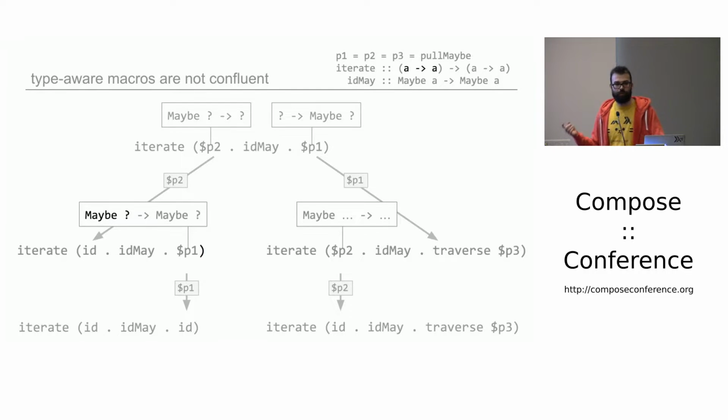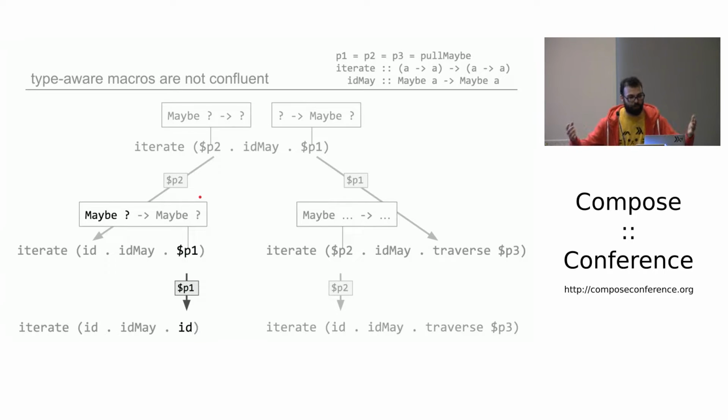So that's how we know now that we have identity, that $P1 receives a maybe something, whereas the information from ID may was not able to propagate through the $P2 call site before we knew that it was identity. And so that's why we knew nothing before.